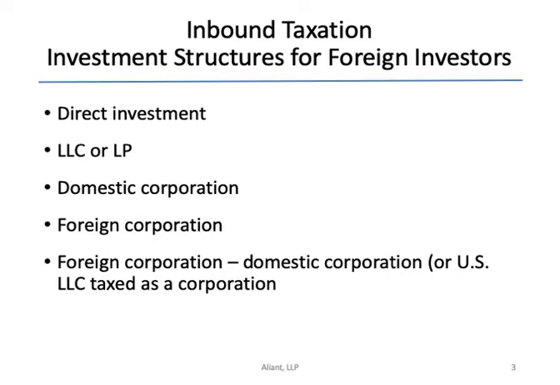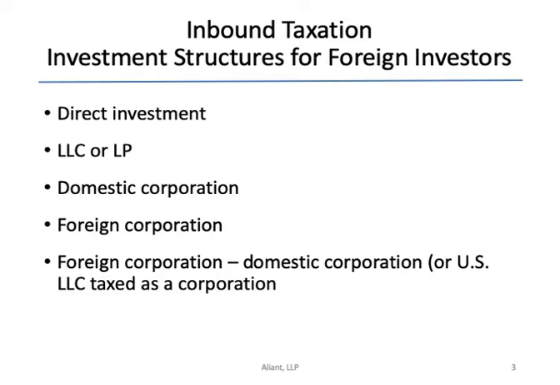Well, the first advantage would be simplicity, right? You don't need to set up any structures. You just acquire assets in your own name. You do not need to hire lawyers. You do not need to consult with anyone. You do not need to pay anyone. You just take title of U.S. assets and you're done.